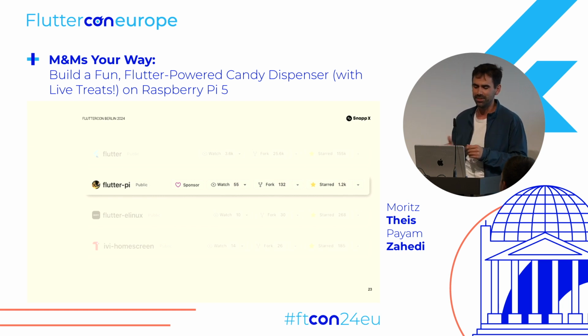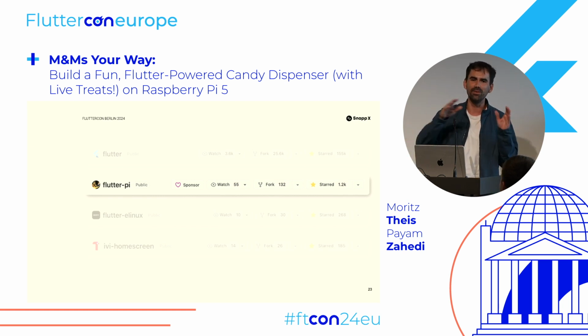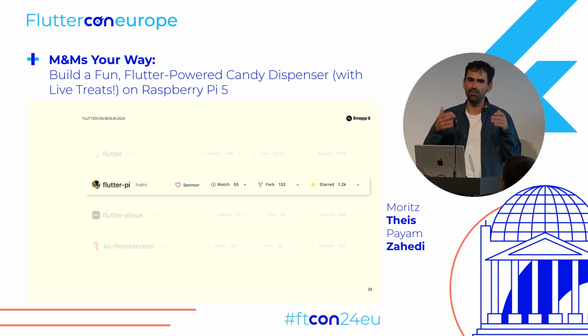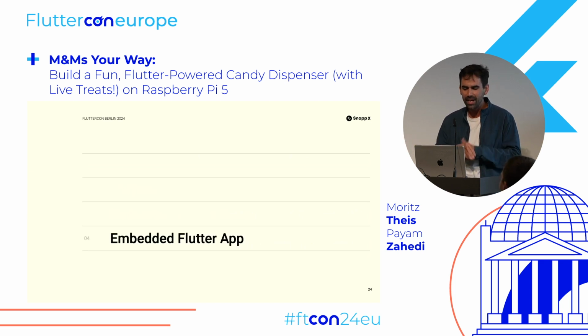But that's not what we're doing, because Flutter-Pi, when we try it in comparison, just is so much better, even performance-wise, that we want to go with Flutter-Pi, because in this way we can also show you how to set it up.